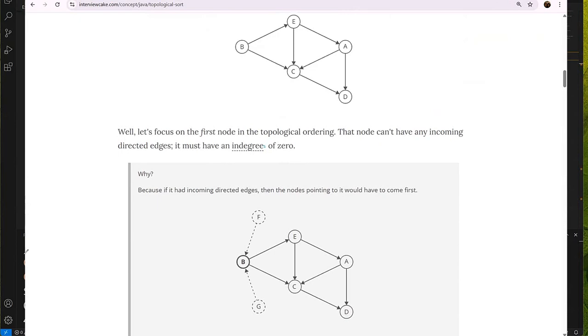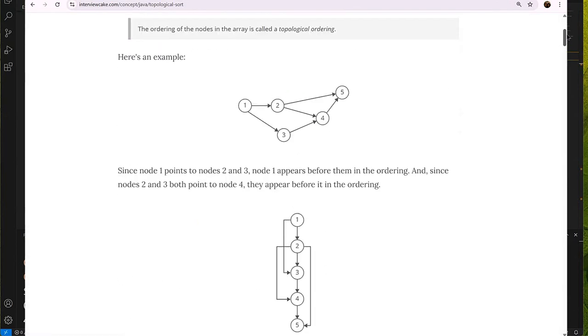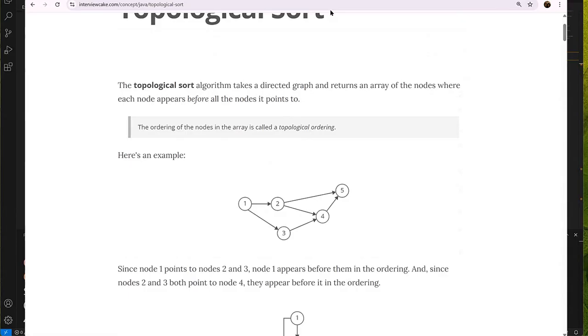Before you do anything, you visit it. Since there's no cycle, there should be a node that has no incoming edge. Based on your adjacency matrix or adjacency list, you should be able to find a node that has no incoming edge. Then that is the node you can use as the first node, and based on that first node, you can find the order.